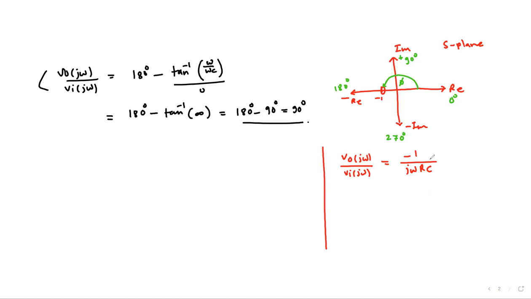We can write this as -1 divided by j, which is minus j, into 1 by omega RC. So this is -j by omega RC. And then the phase here would be tan inverse of 1 over 0, which is the phase of the numerator, where the real part is 0 and the imaginary part is 1.